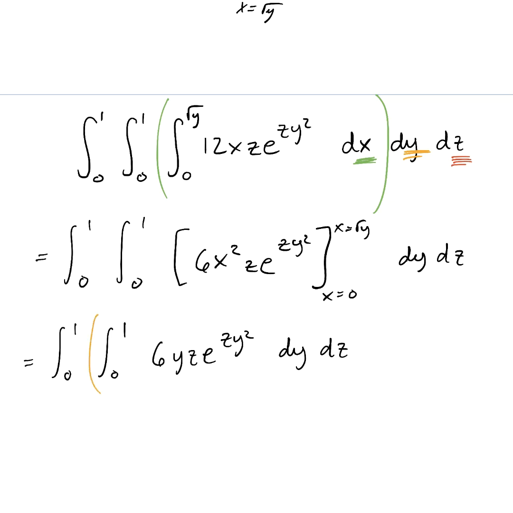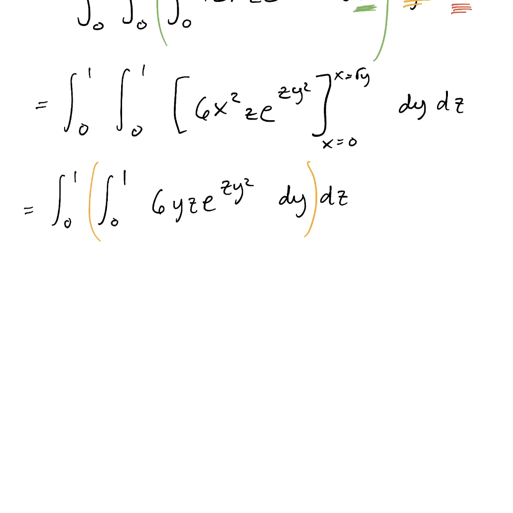Now we're to the middle integral. This is the one with respect to variable y. And you can see our choice to put dx innermost has had a very, very nice effect, because now we can fire up u substitution on this integral. Let u equal zy squared, then du, remember, z is constant as far as this middle integral is concerned, is 2zy dy.